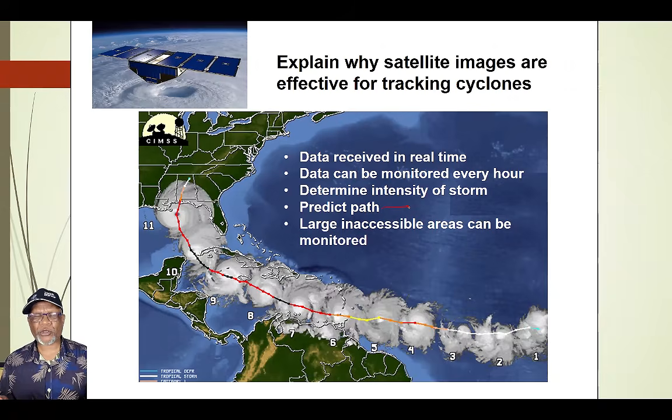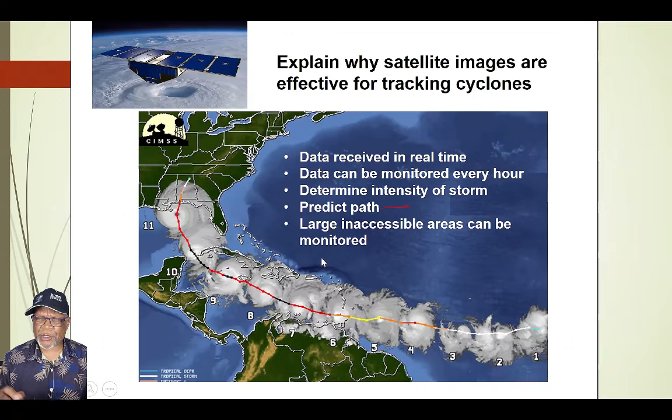And it is also important because large inaccessible areas can be monitored, because some of the areas you cannot access with vehicles or with road or rail transportation. But the satellites are higher in the atmosphere, so they can be used to monitor that because they are not on the surface.